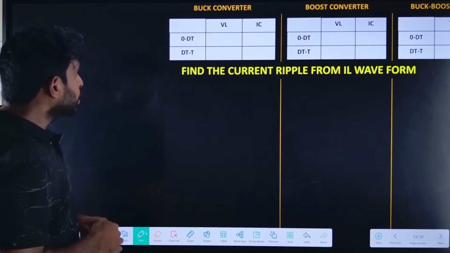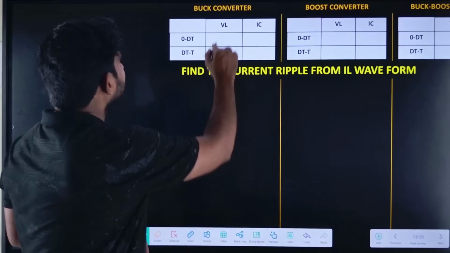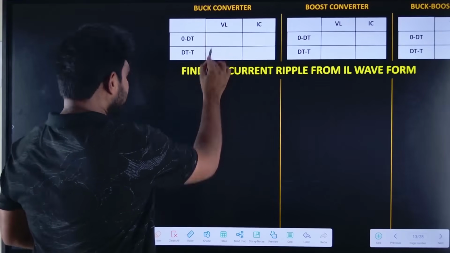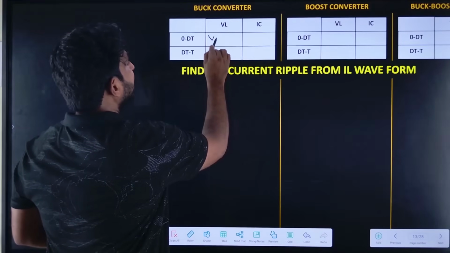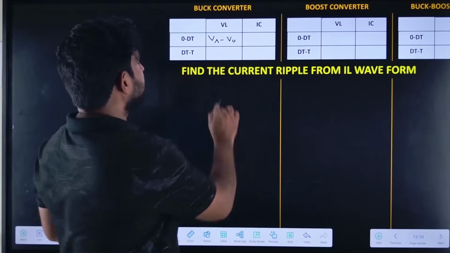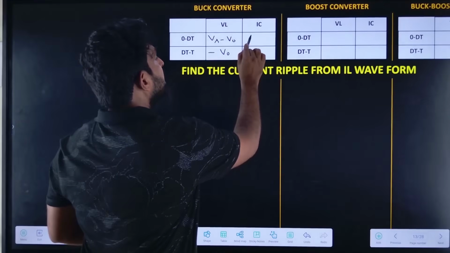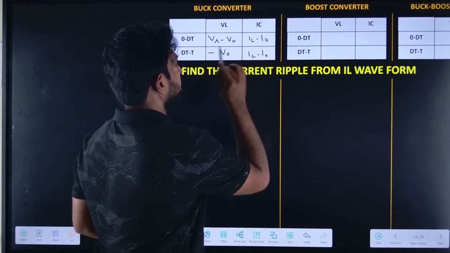Let me fill this table, since we have already derived it. From 0 to dt, VL equal to Vs minus V0, and from dt to the period it is minus V0. The IC value is IL minus I0, so here also it will be IL minus I0.